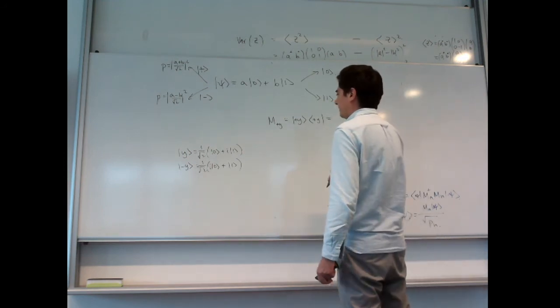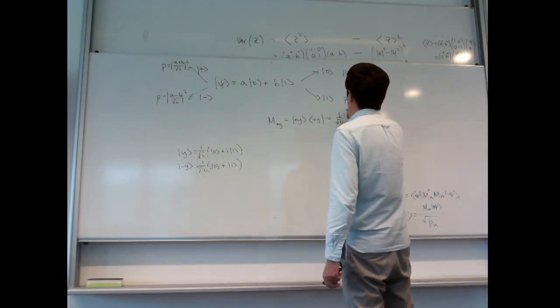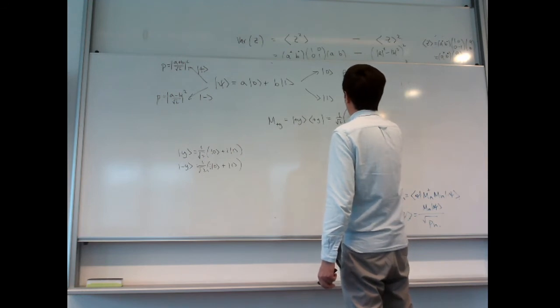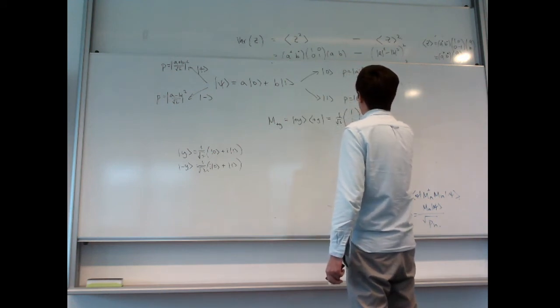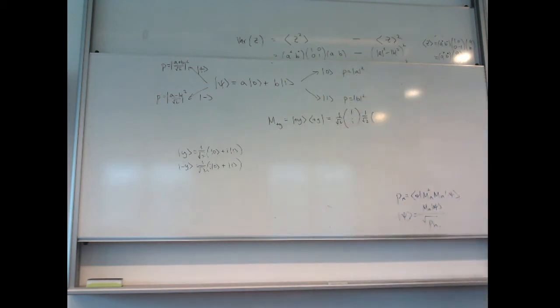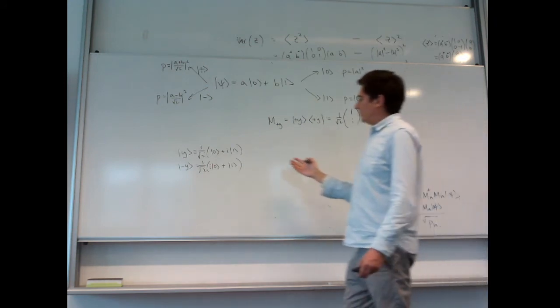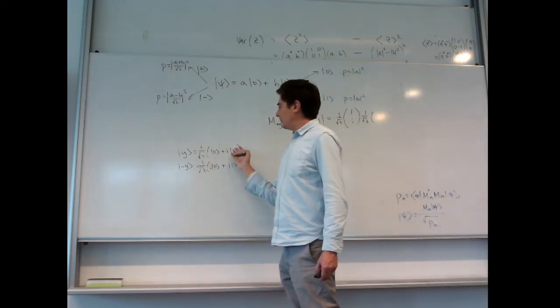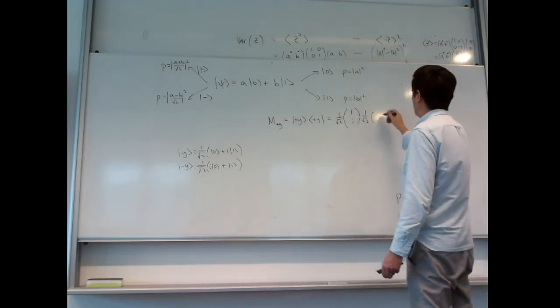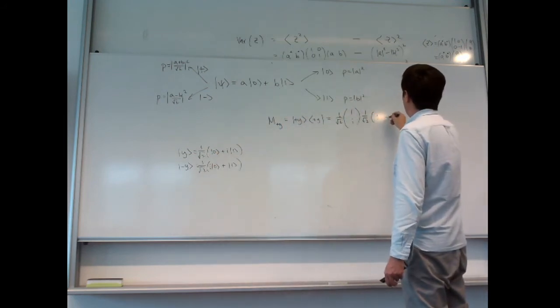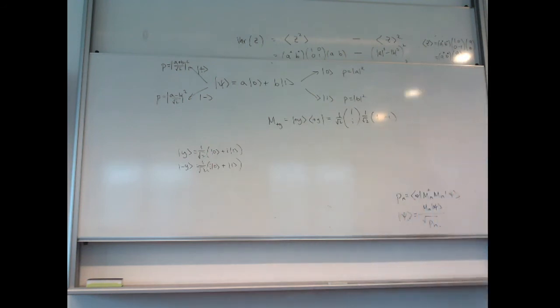Okay. So in terms of matrix notation, we have to write it like 1, i. And the conjugate vector is the transpose and then the complex conjugate, so this will need to be 1, minus i.